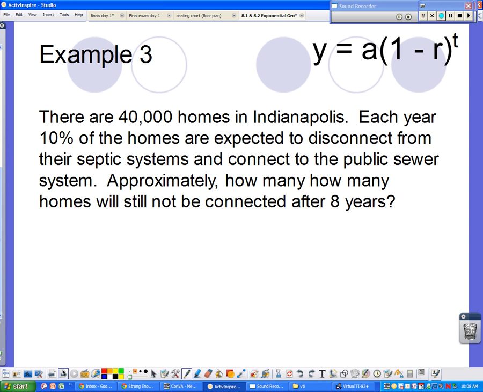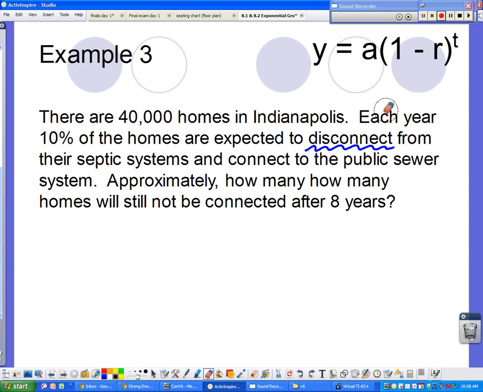Same thing, you're looking for that word: are we growing, are we decreasing? This is not a common one, but we're disconnecting, so the number is going to decrease. Anytime you see a decrease, it's going to tell you what sign you need to use, and in this case it's going to be the minus.